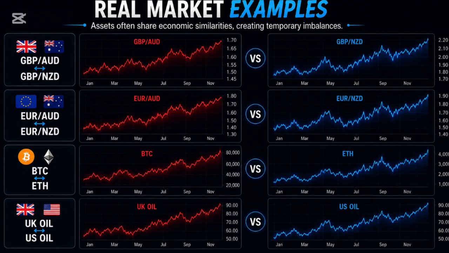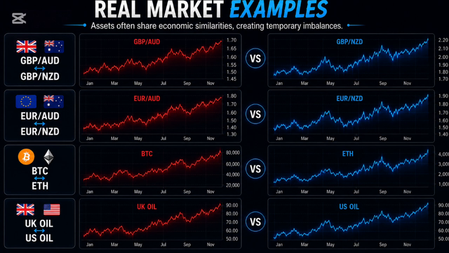So these are examples of assets traders may analyze, right? They are assets that I personally trade for spread relationship, because these assets often share economic similarity, right? Their relationship can create temporary imbalance, right?